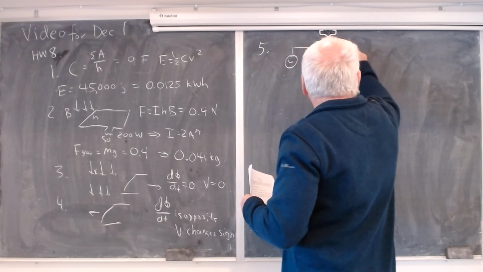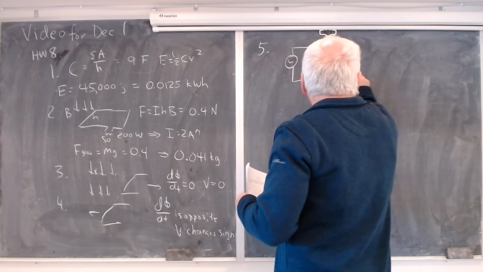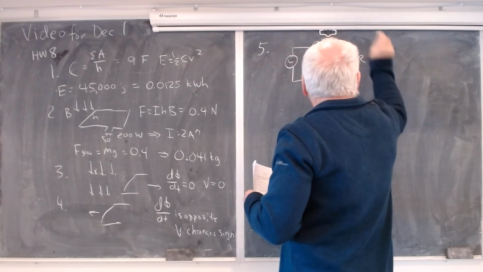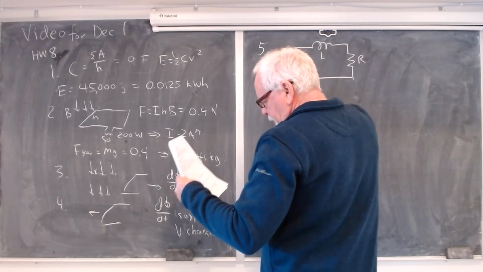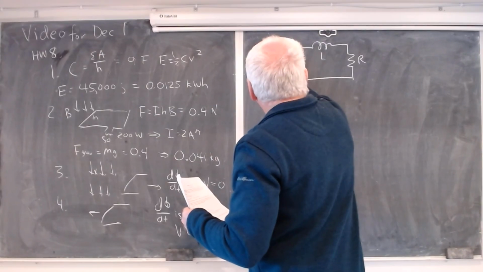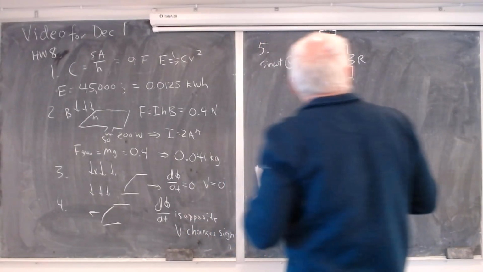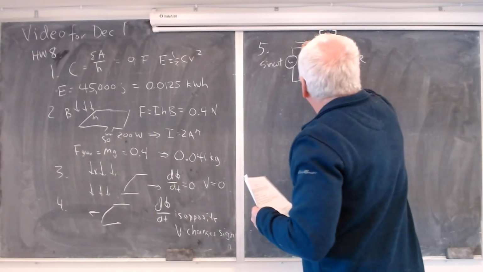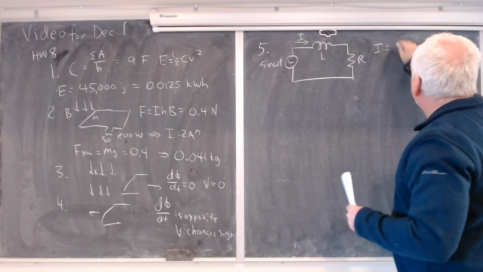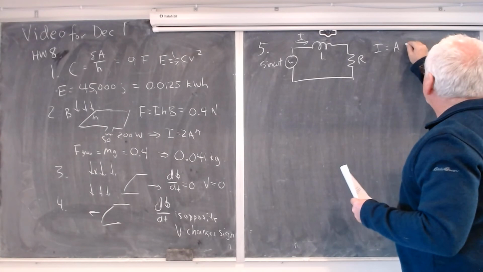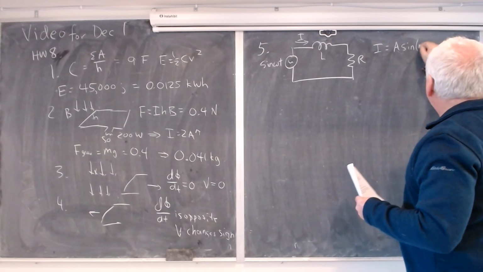circuit: L, R, and V here was given as sine omega t. So I is given for you, but I mean, you just know it's going to be a sinusoid.